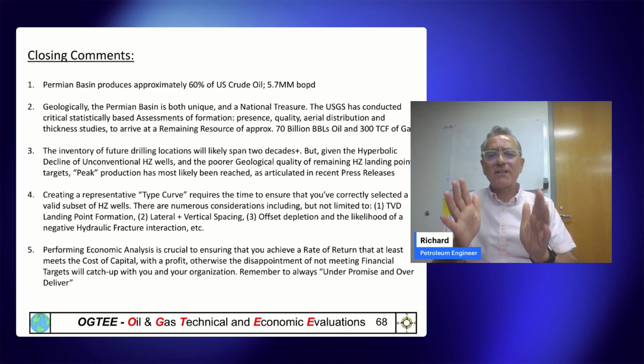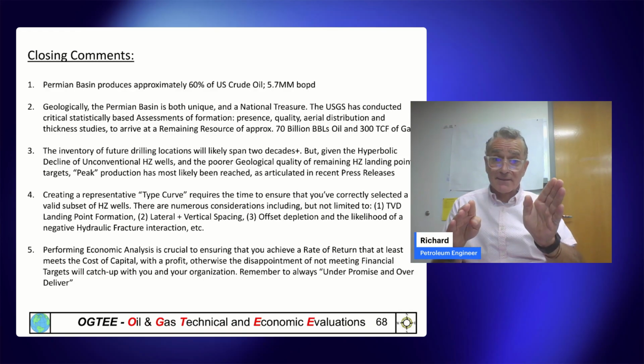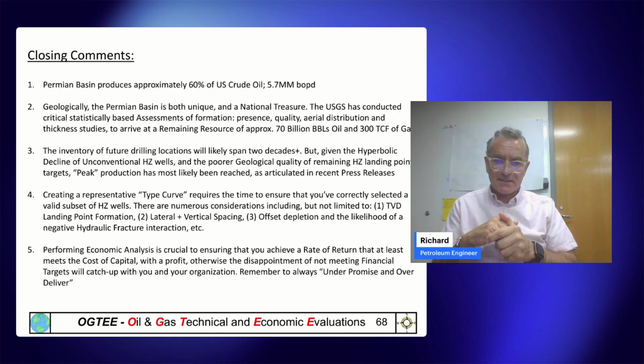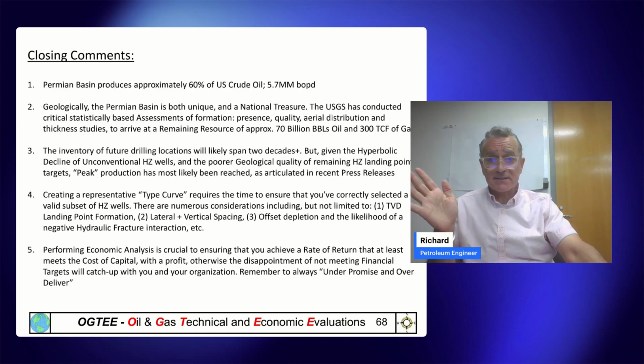There's been no material changes, but what has occurred that is not included in here is the Barnett, and other horizons that have been tested that the USGS has yet to put together studies on. Admittedly, how they pan out, I'm not 100% sure. I don't think they're going to make a material difference by virtue of their aerial extents relative to the horizons that make up that 70 billion barrels and 300 TCF.